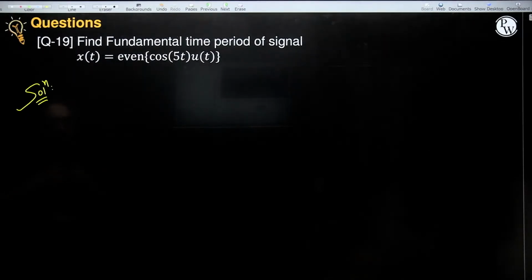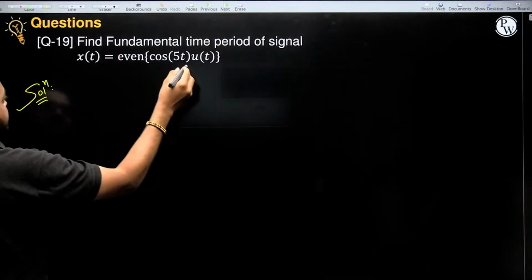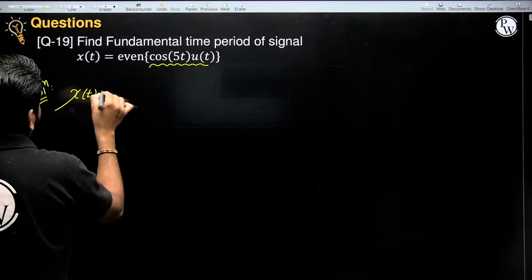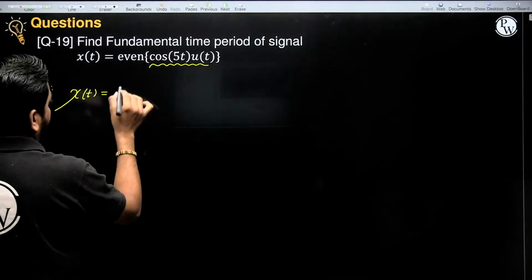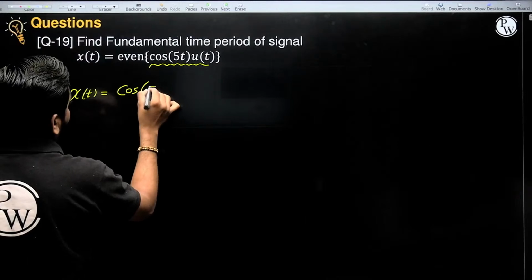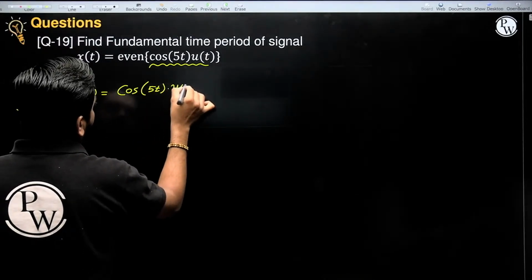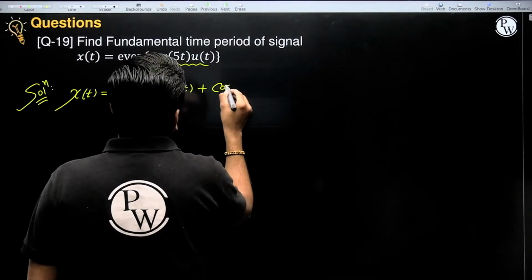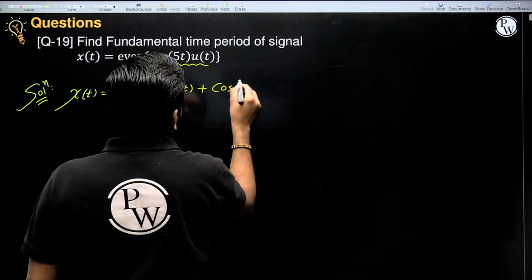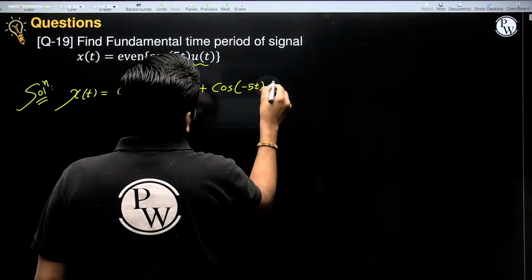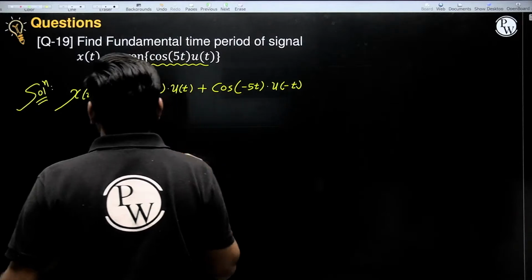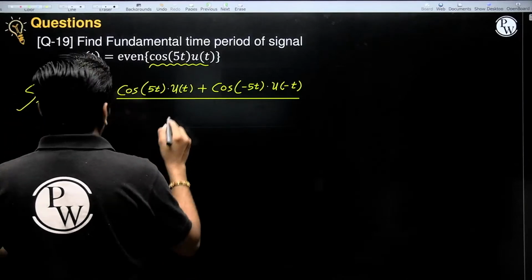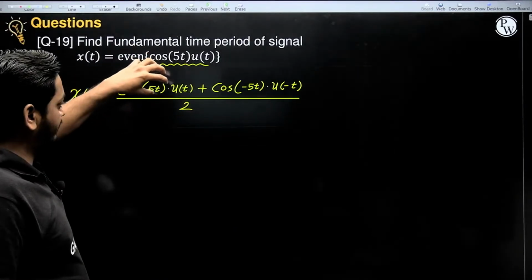How to find the even part? If you want to find the even part of this, just consider x of t. Even part is given by x of t plus x of minus t divided by 2.